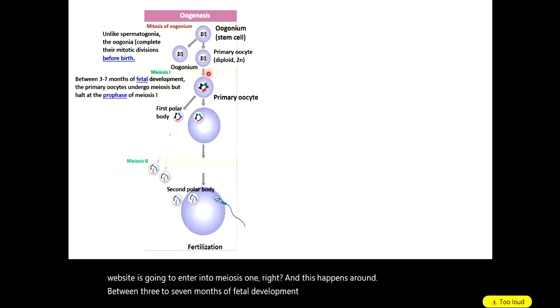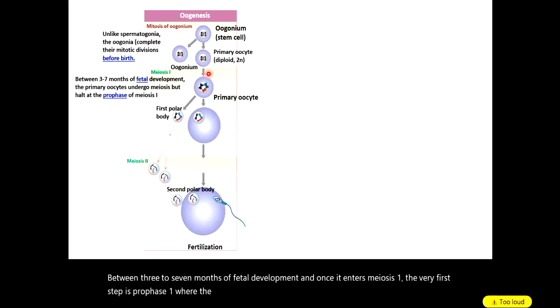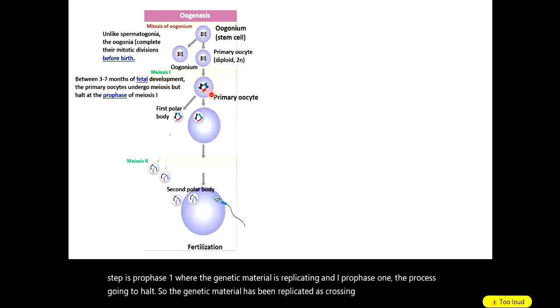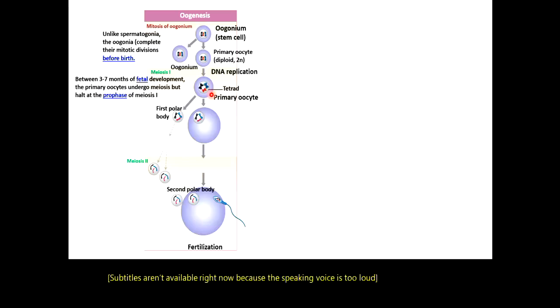And once it enters meiosis 1, the very first step is prophase 1, where the genetic material is replicating, and at prophase 1 the process is going to halt, right? So the genetic material has been replicated, there's crossing over, and you have the pausing of prophase 1, and it's going to remain in the paused state all the way until puberty, when FSH, or the follicle stimulating hormone, is going to trigger the ovarian cycle.